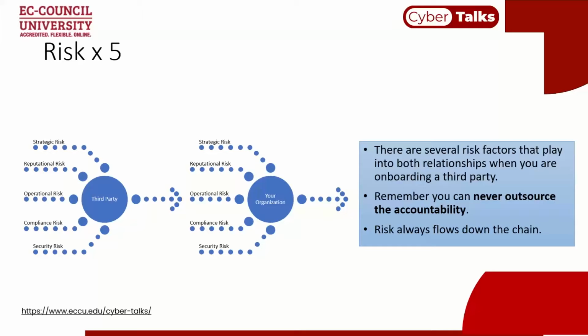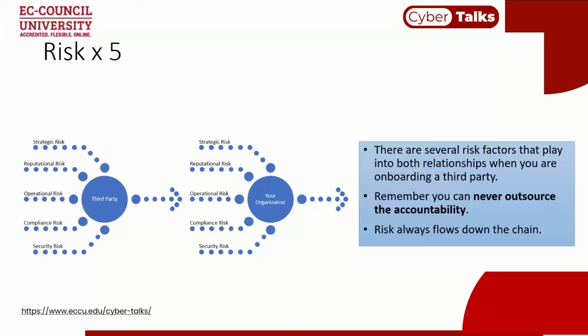As an organization, you are accountable for your data, for your compliance, for your security, your reputation, and your strategy. Moving to a third party could be a strategic move, but there is also a strategic risk if that third party fails, that third party gets bought out, or the third party is hacked.